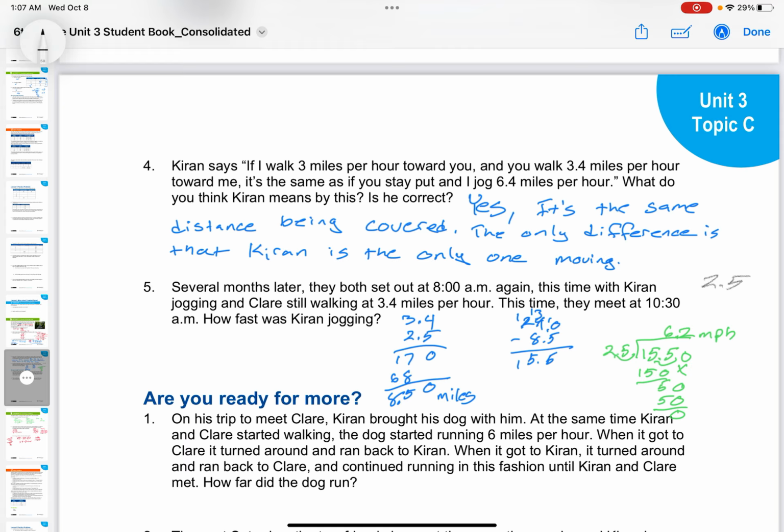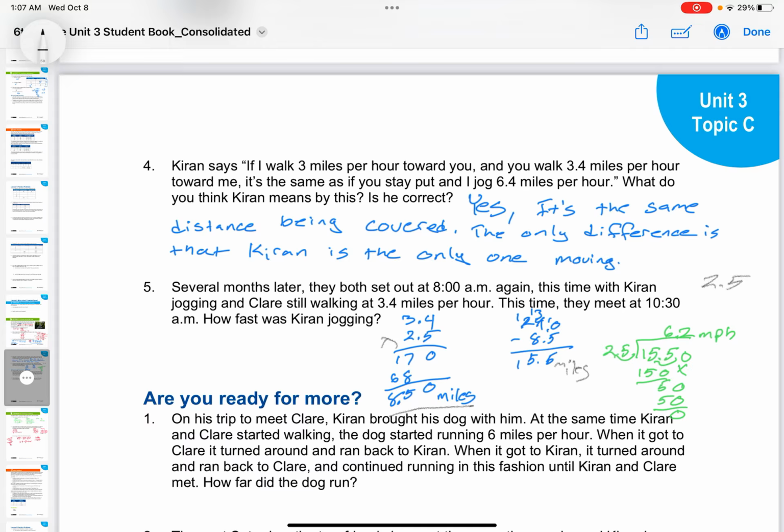So we do 3.4 times 2.5, and we find that Claire covered 8.5 miles. So 8.5 miles from 24 miles is 15.5 miles.